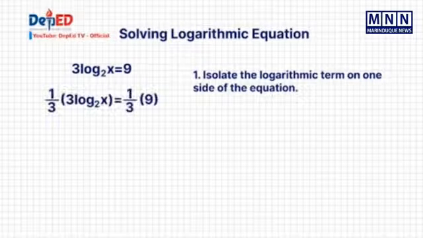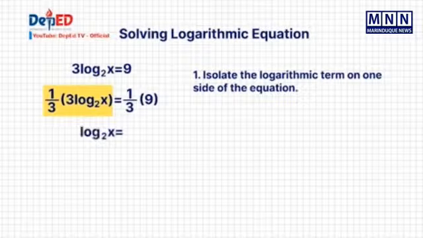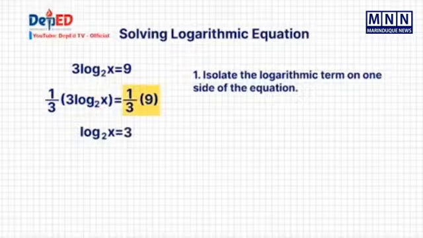We multiply both sides of the equation by 1/3. 1/3 times 3 times the logarithm of x with the base 2 is equal to the logarithm of x with the base 2. We then multiply 1/3 to 9. This gives us 3. We now have the logarithm of x with the base 2 is equal to 3.